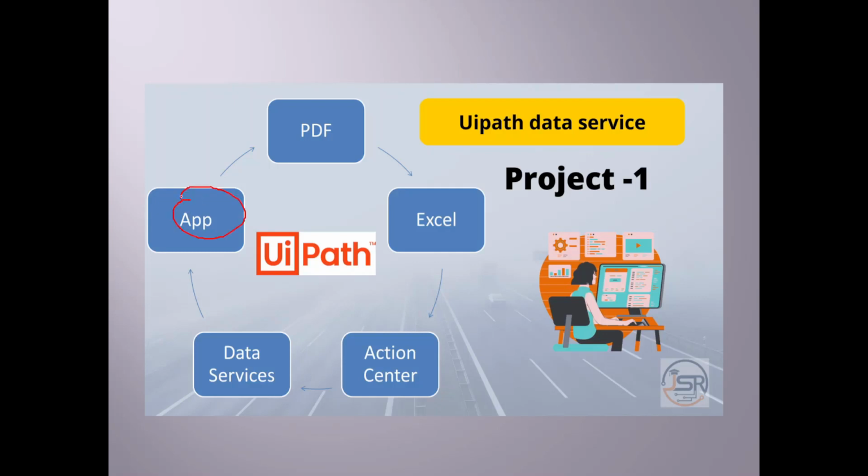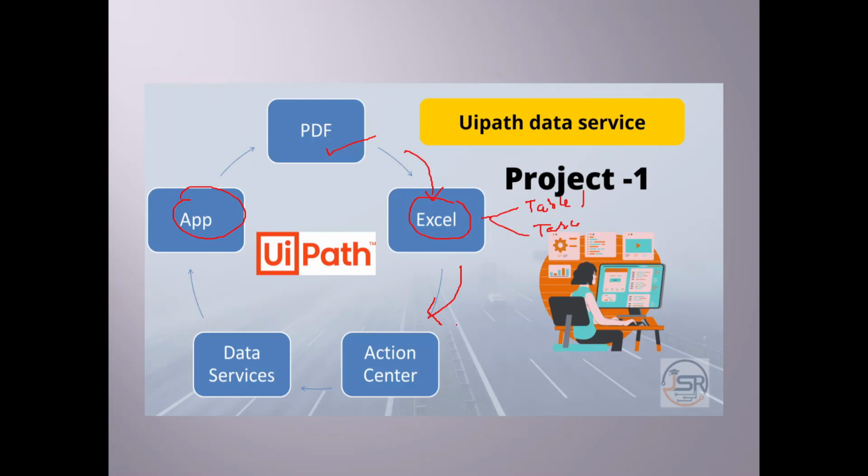Before this, we have already covered how to extract the data from the PDF and store it in Excel. We already stored the data in the Excel, and in the Excel we have two tables, table 1 and table 2. That table we store in the Action Center.